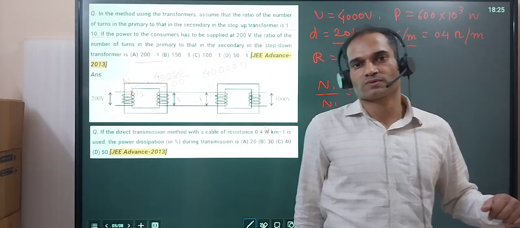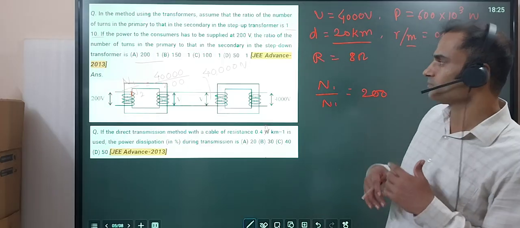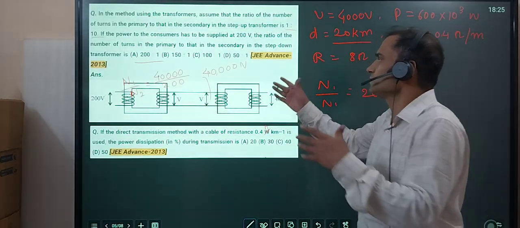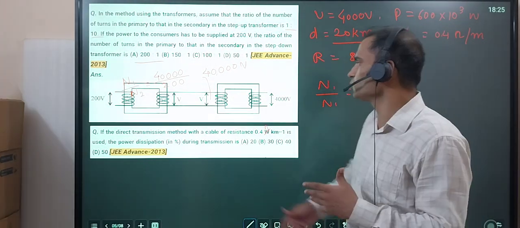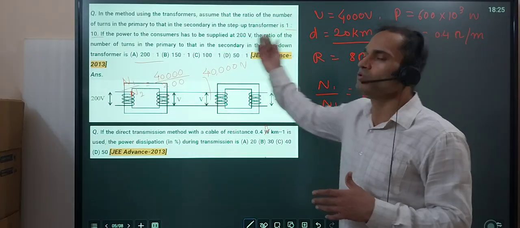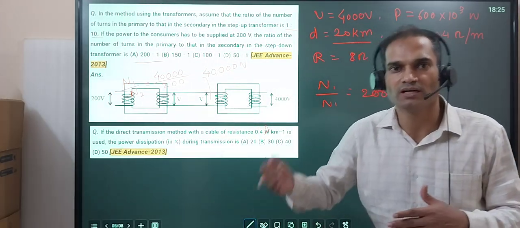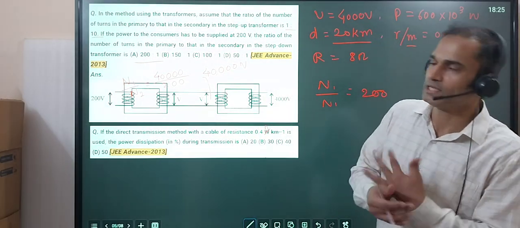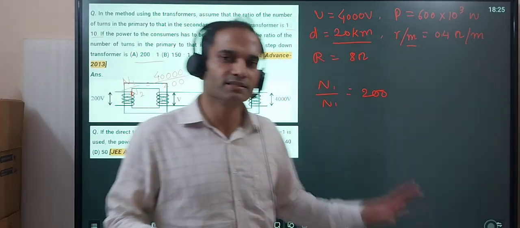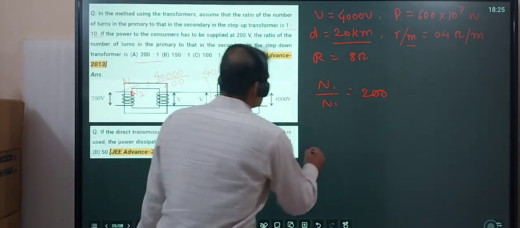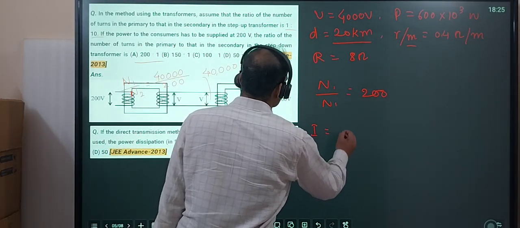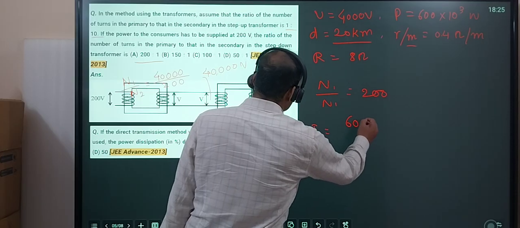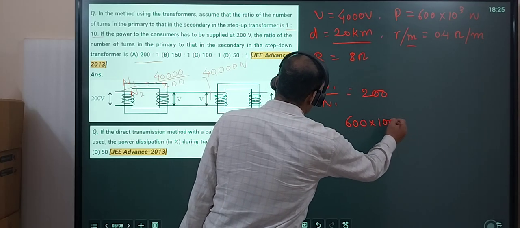So what they are asking is, suppose we are not stepping up, suppose we are supplying at 4000 volt, what will be the power loss? So we can find the current first. So current will be, this is the power.